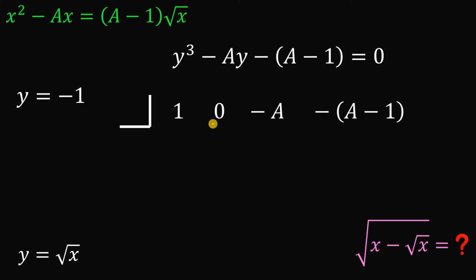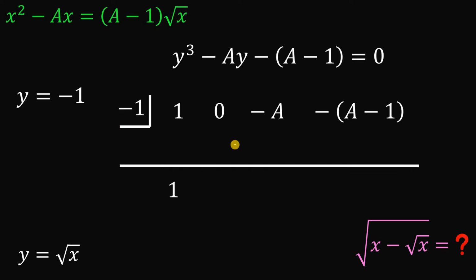We don't have y squared, so we have to replace this with 0. And the coefficient of y is negative a, and then the constant is negative of the quantity a minus 1. And we know, if we divide this by negative 1, or if we evaluate this with negative 1, the remainder is 0. So let's do that.